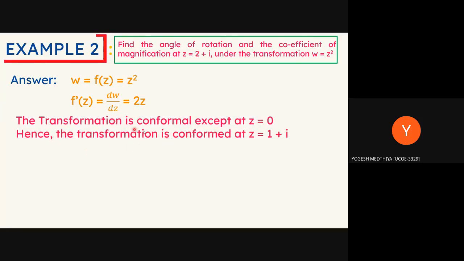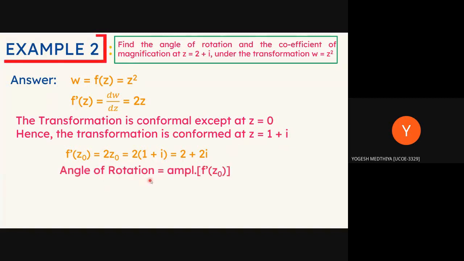As we saw in the first problem, f dash of z vanishes only at z equals 0. Hence the transformation is conformal at z equals 1 plus i. Now f dash of z naught equals 2 z naught equals 2 into 1 plus i, which equals 2 plus 2i.